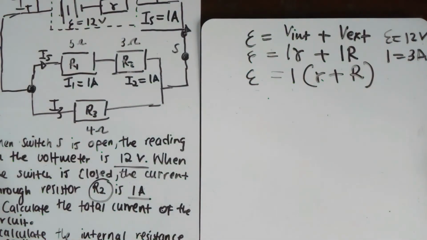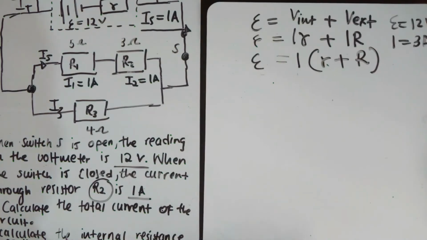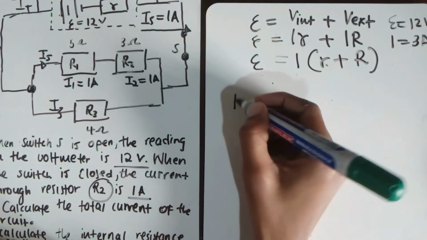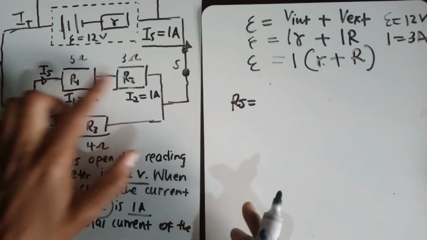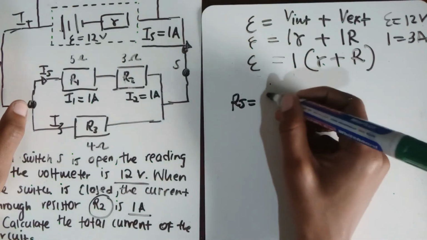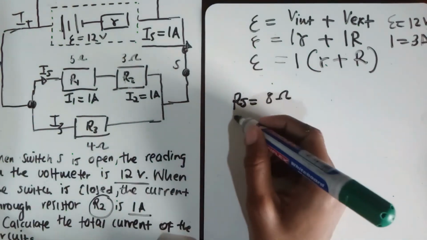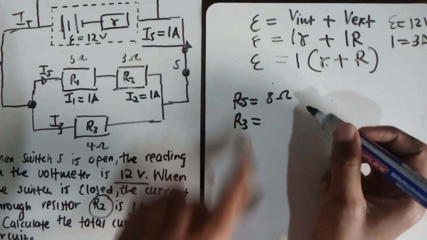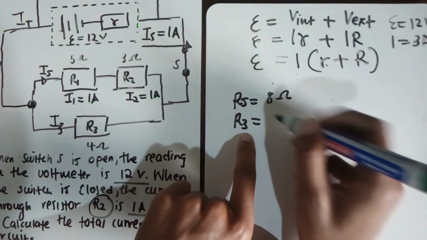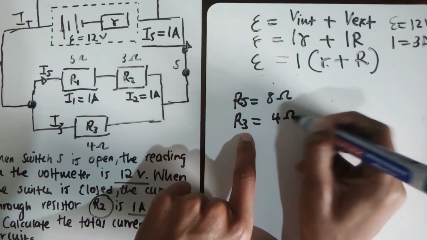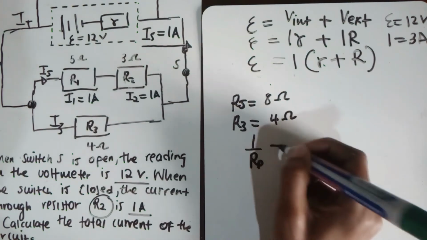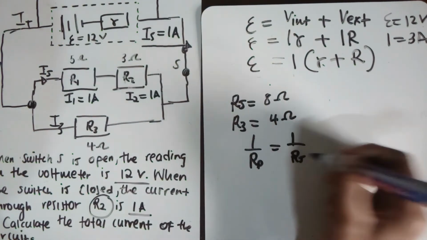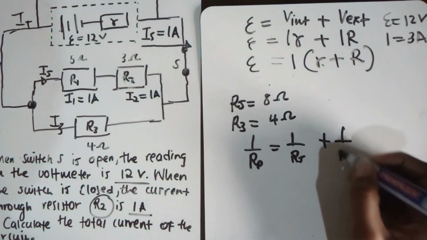So how would we then calculate it? We already found out that if we combine these two resistors into one, RS, we found that value to be 8 ohms. And then we have another resistor, R3. So RS is connected in parallel to R3, which is 4 ohm. To find RP, we simply know it's going to be 1 over RS plus 1 over R3.